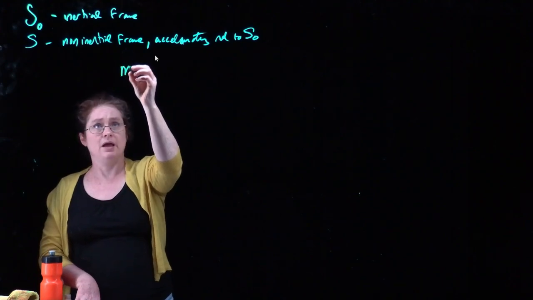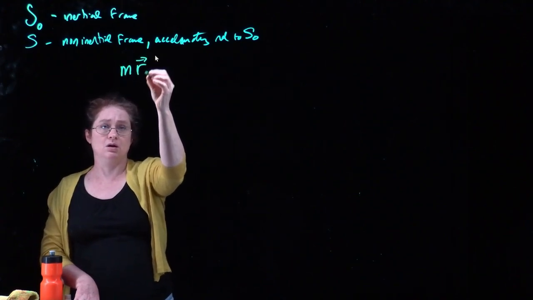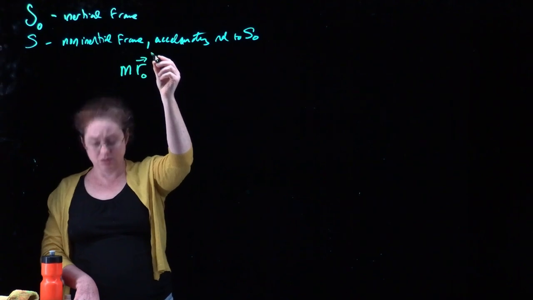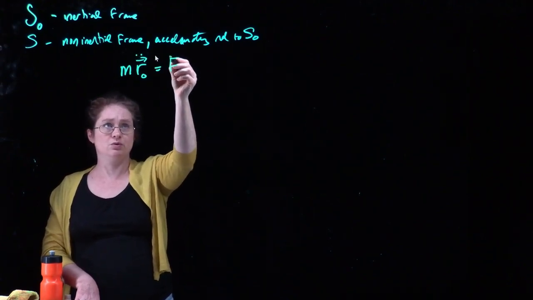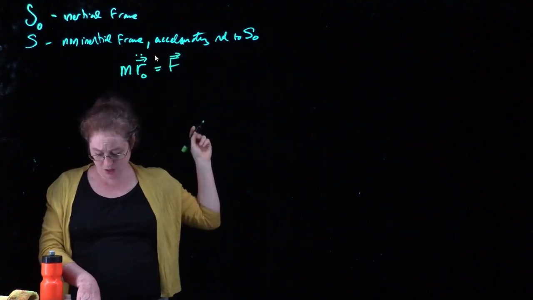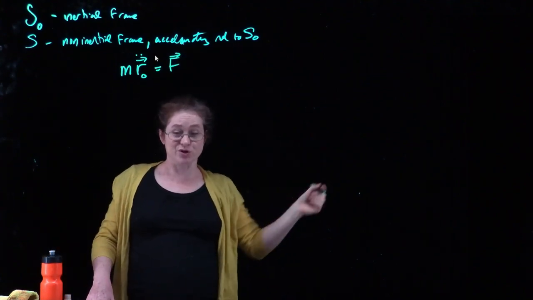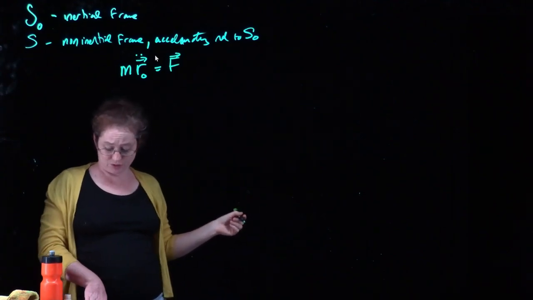So m r naught double dot is equal to F. This is Newton's second law, in the inertial reference frame.